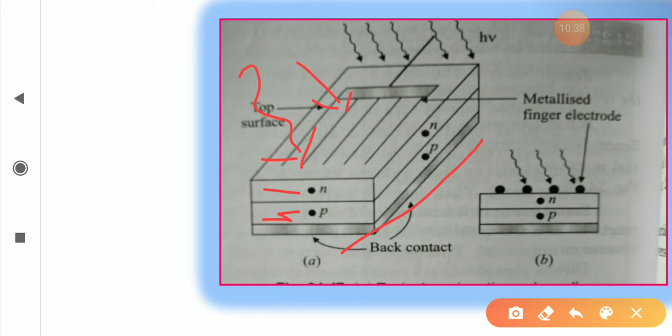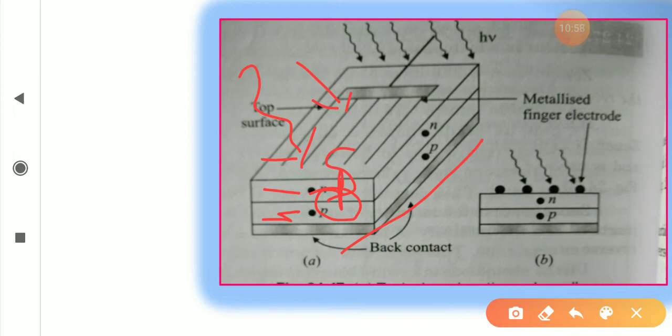And as the N type semiconductor is very thin, the light can easily reach the junction, as you can see. And the moment this light reaches the junction, this is the cross section of the same diagram.